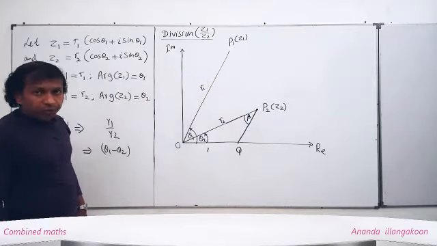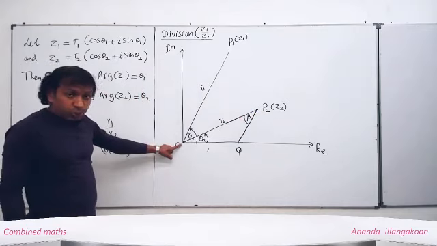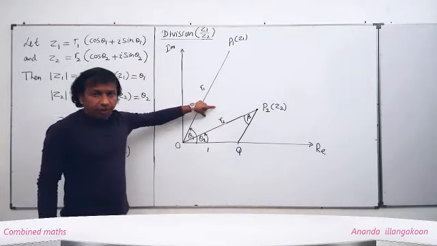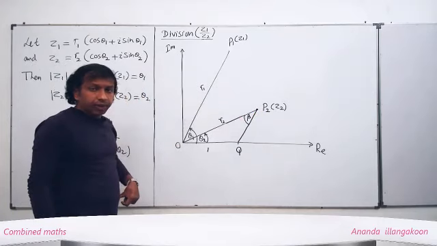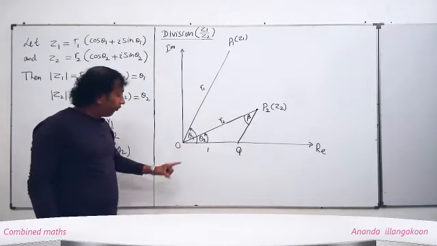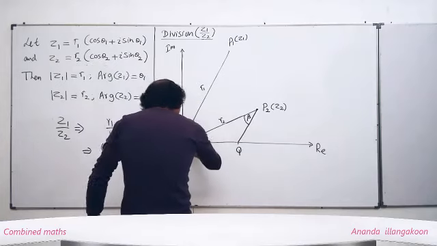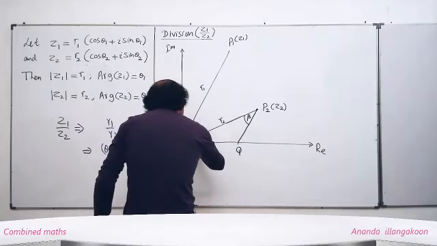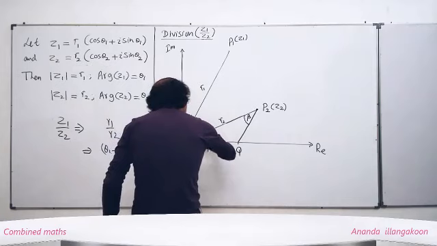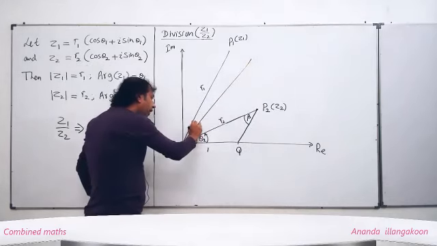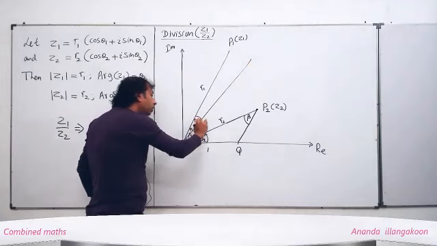Now what we do is, people, we draw a line through O, below this OP1, that makes an angle theta 2 with this OP1. Like this, below OP1, so that the angle it makes with OP1 is theta 2.